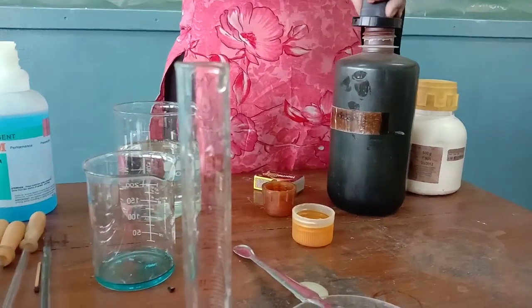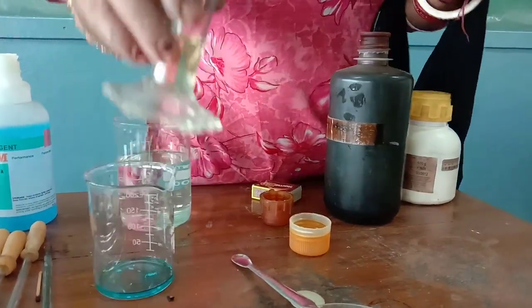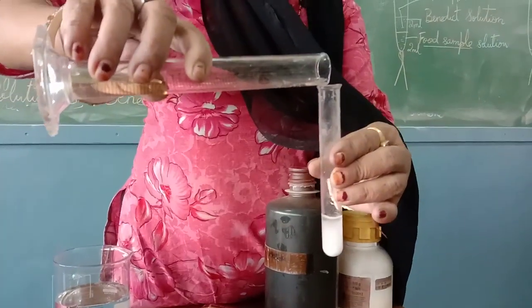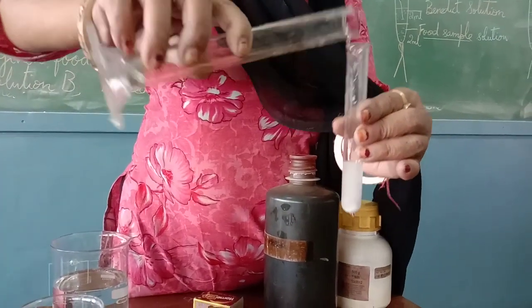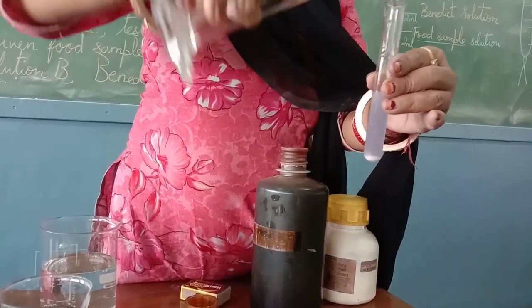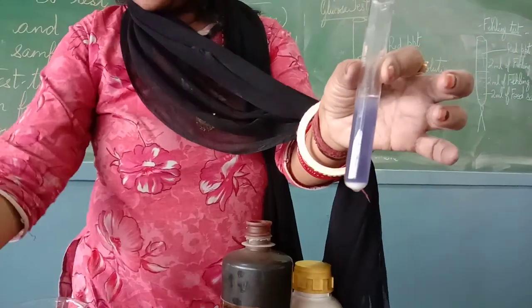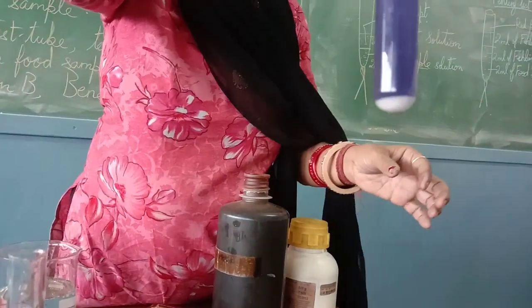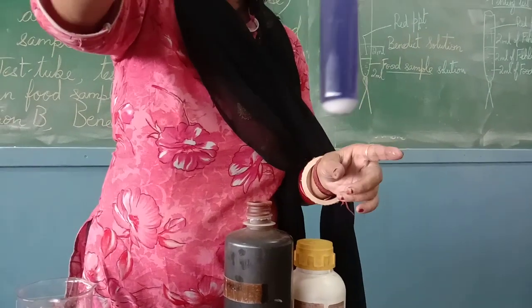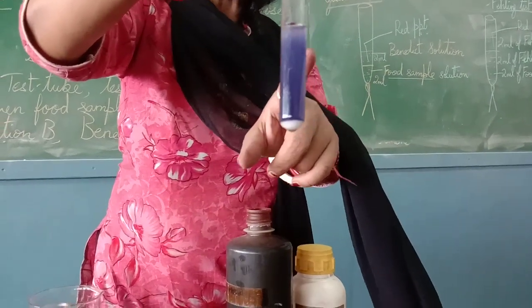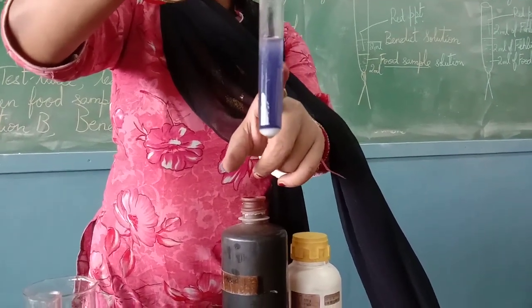Now, what do you find when you add it to the given food sample? See, the color has changed to blue-black. That means the given food sample contains starch.